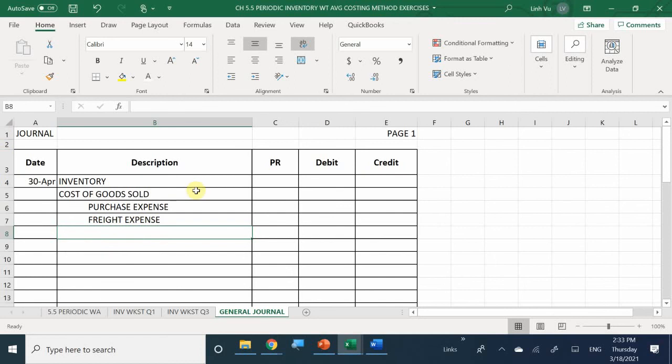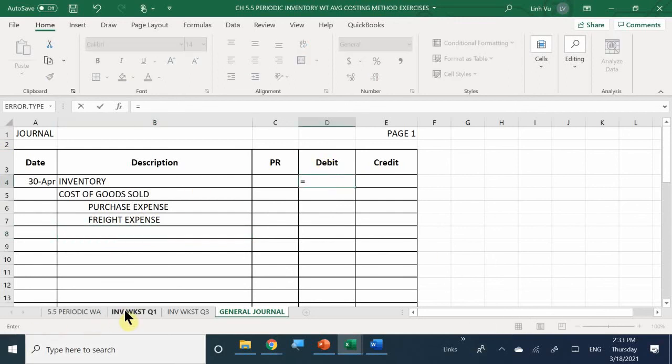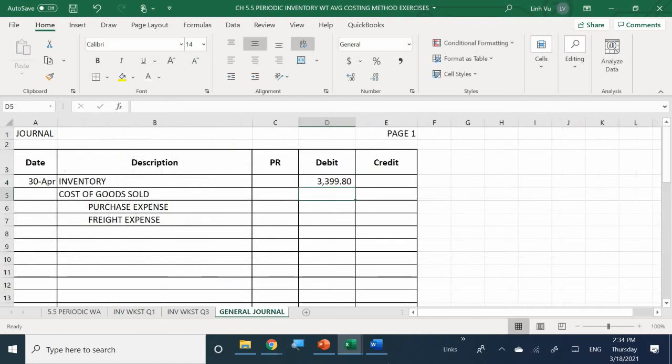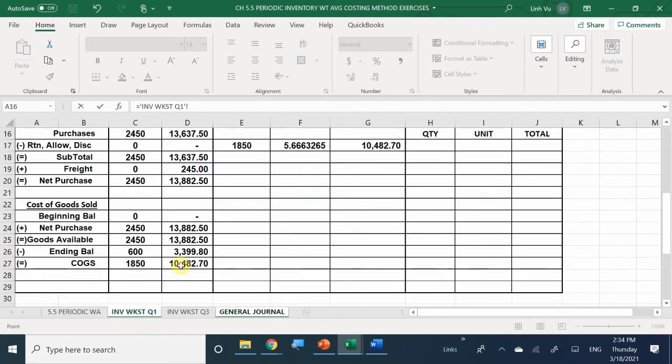So what was my ending inventory? $3,399.80. Yes. And what was my ending balance in my cost of goods sold? $482.70. Correct. Okay.